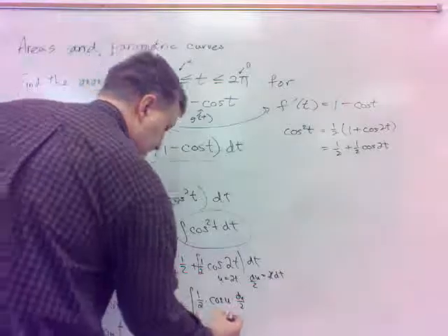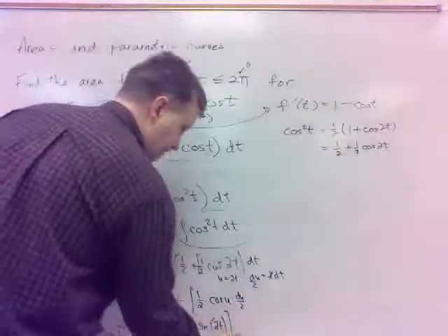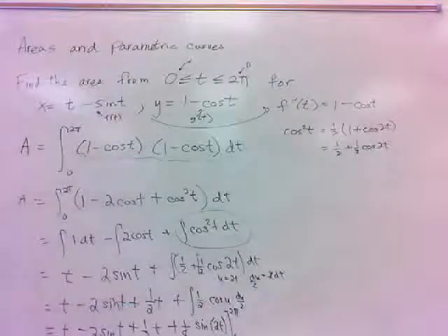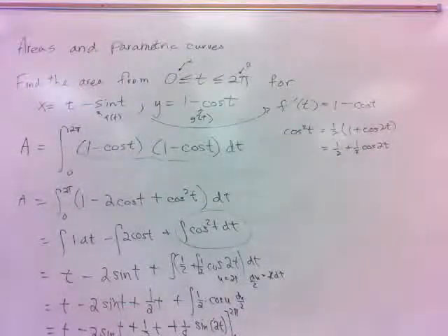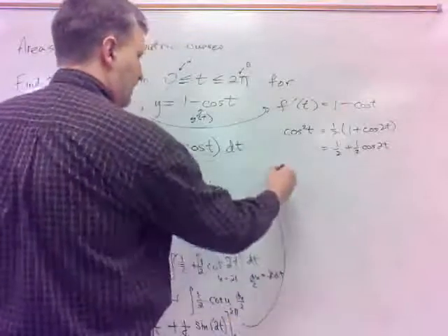And now, remember, I'm doing a definite integral, 0 to 2 pi. A little bit of work to get there, but that's what it is nonetheless. Okay? All right, well, let's see what we get here.